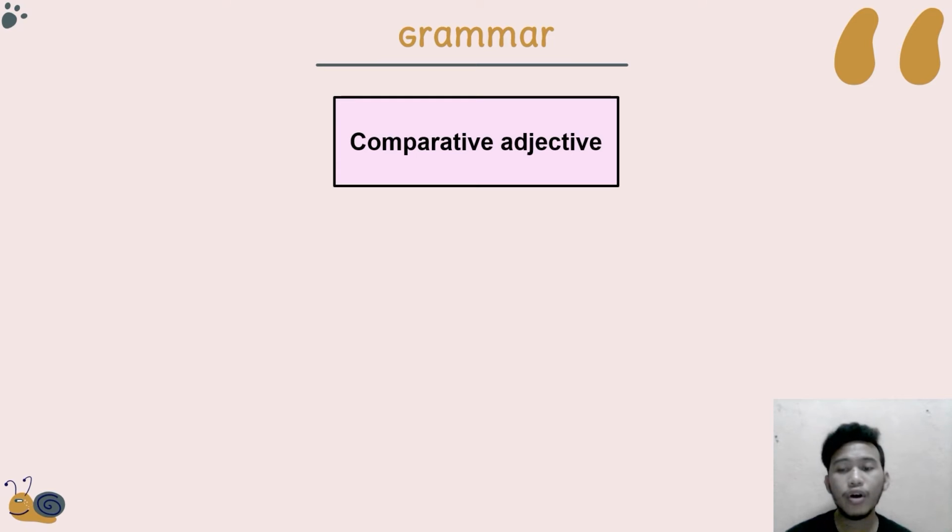Okay, so we move on to the grammar. This is the main highlight for this lesson. So what grammar are we going to learn in this topic? We are going to learn comparative adjective. So what is comparative adjective?